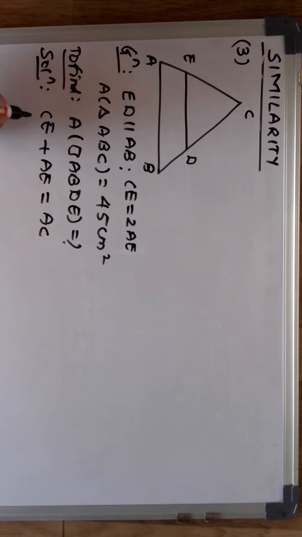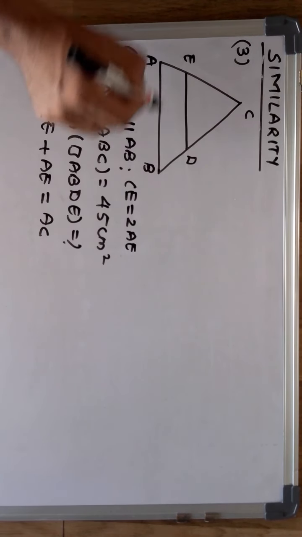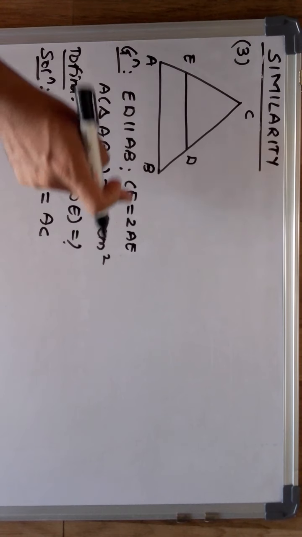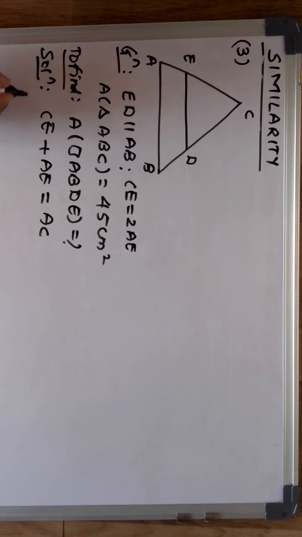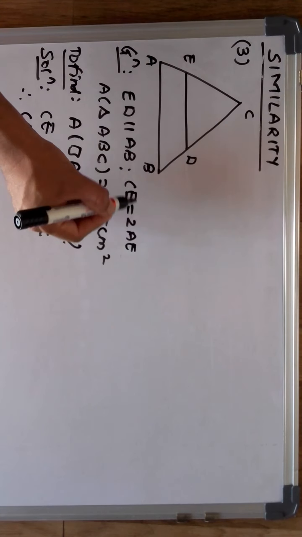But converting CE in the form of AE will not be beneficial to me because AE is part of a quadrilateral, which cannot apply in similarity nor in basic proportionality. I need to convert this AE into CE. So CE remains as it is, and AE, this 2 will come here.